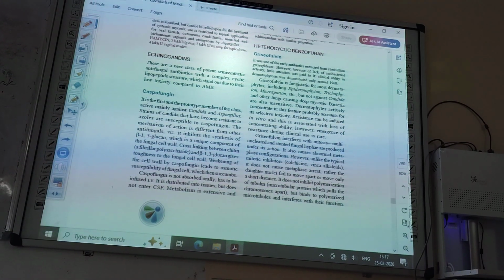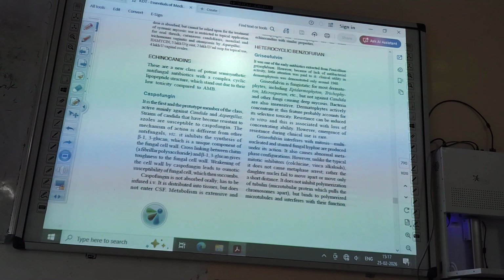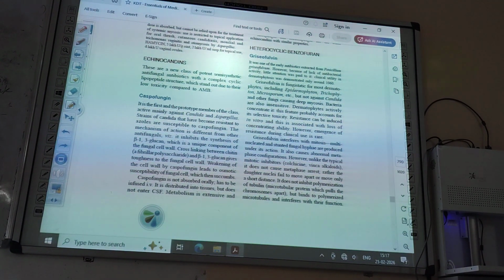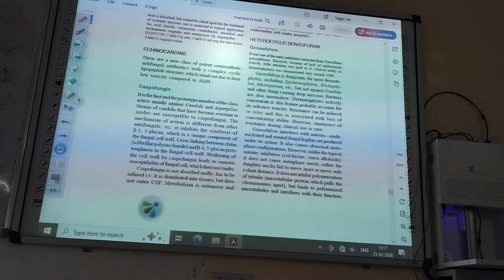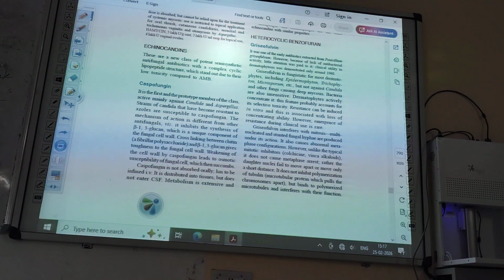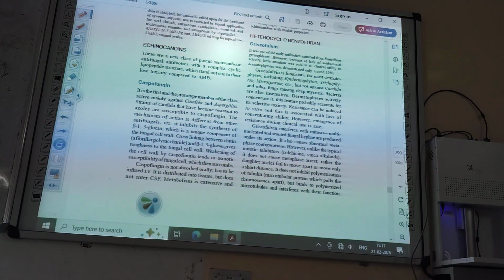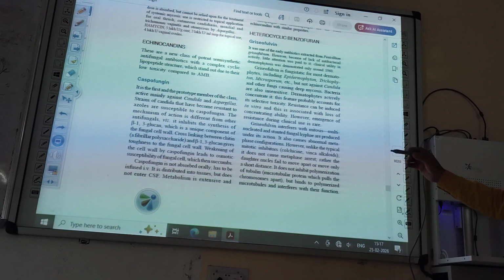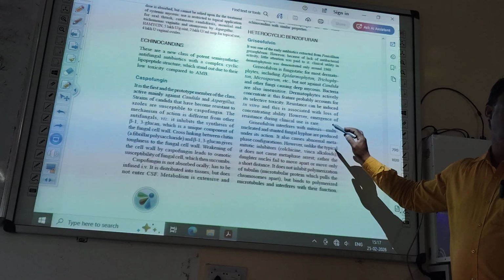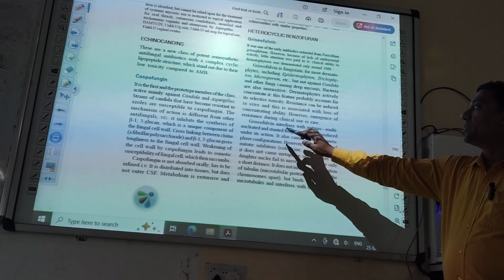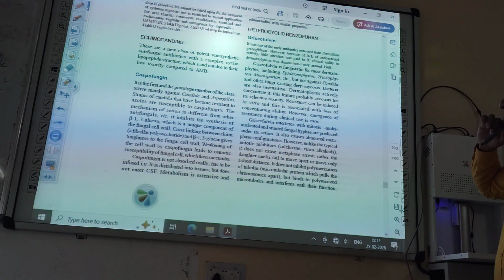Then what is the mechanism of action of griseofulvin? How will it inhibit the growth of fungus? Griseofulvin interferes with mitosis.